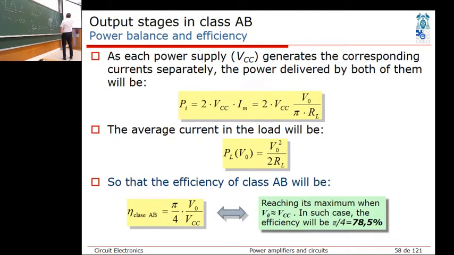Then the average current on the load. So that's the load. On the load side, PL equals, so we have basically that.